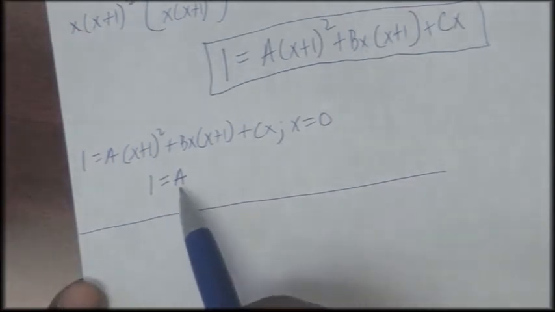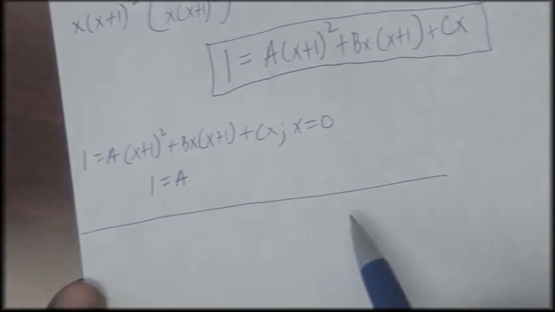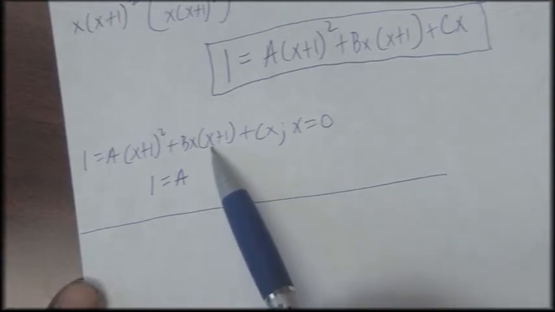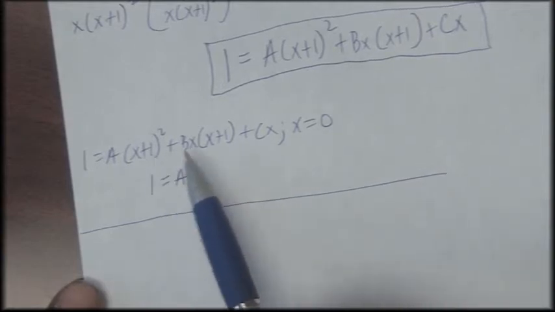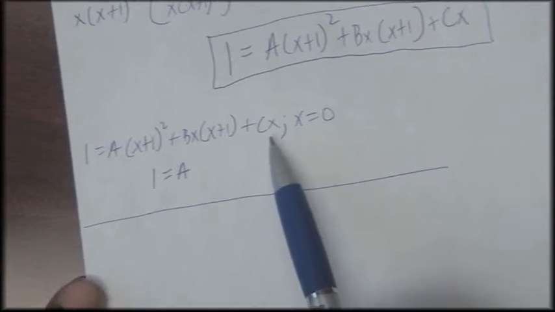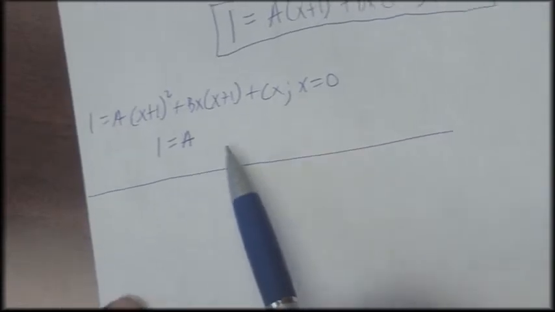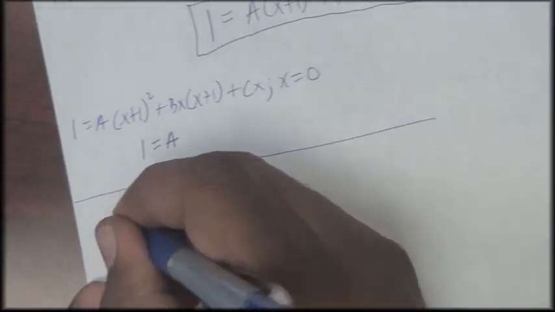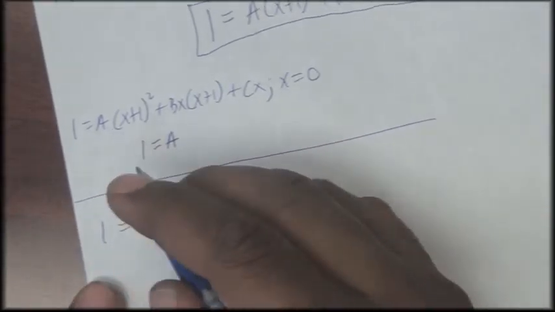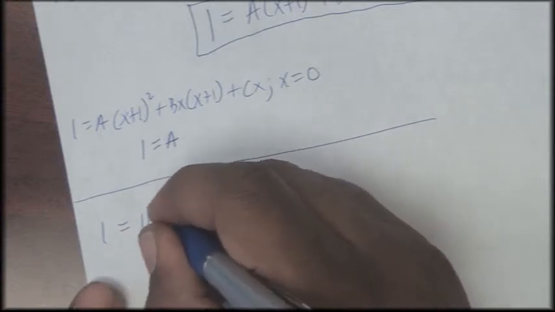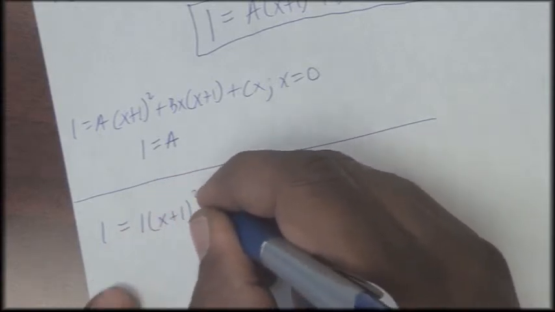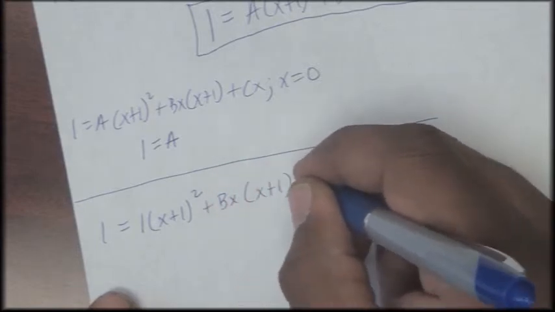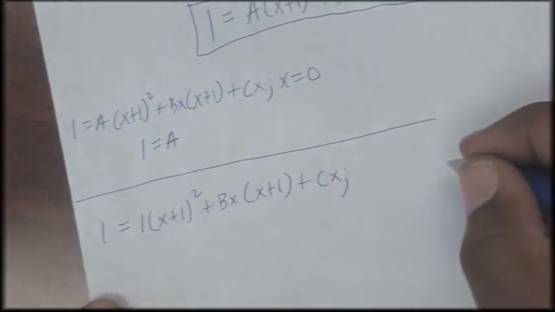So I'm going to substitute 1 for a, and I'm also going to substitute x for -1, and that will allow us to solve for our variable c. So I'm simply going to rewrite this formula. 1 is equal to a, which is 1, times x plus 1 squared, plus bx times x plus 1 plus cx.